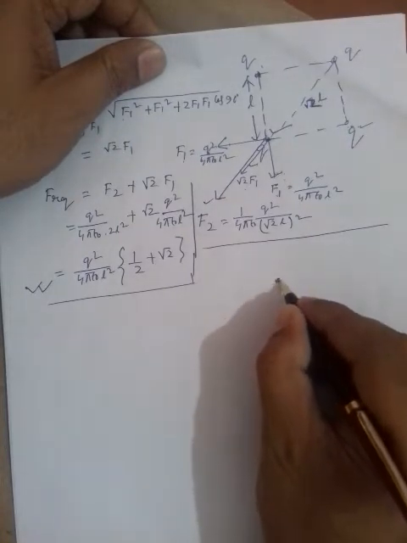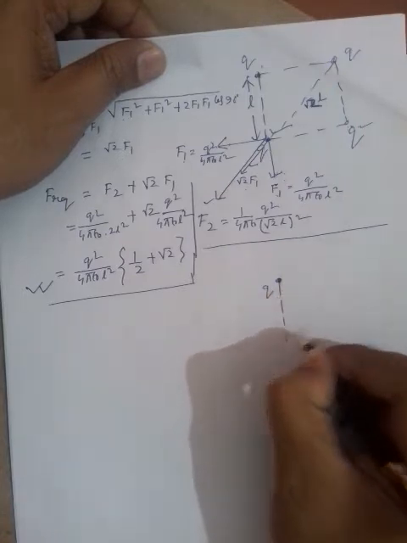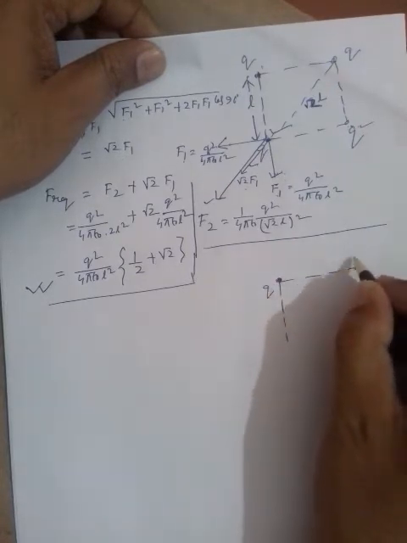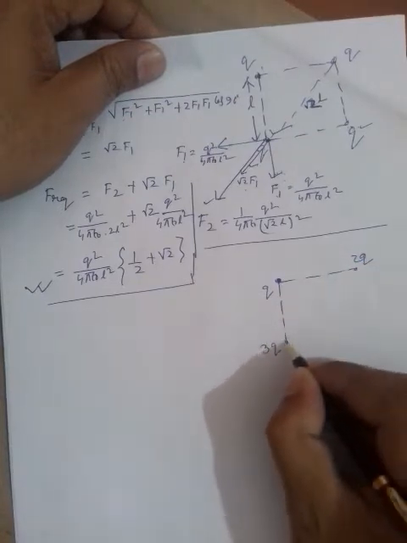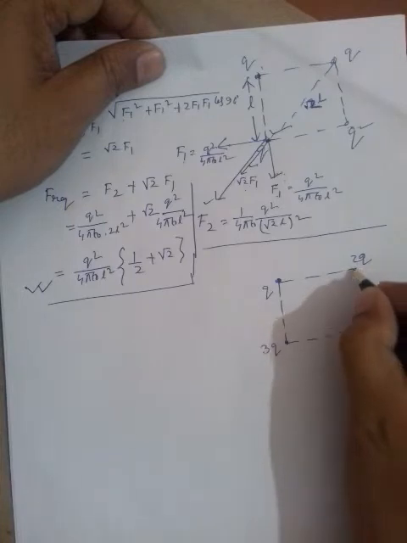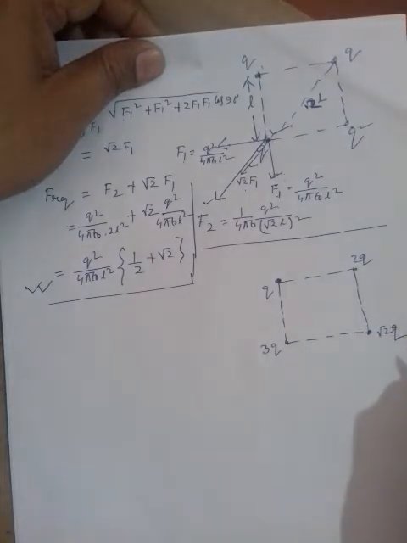Say for example, here one charge is Q, here one charge is twice Q, here one charge is thrice Q, and the charge at this corner, say for example, is root 2Q. I am intentionally making all the charges different.